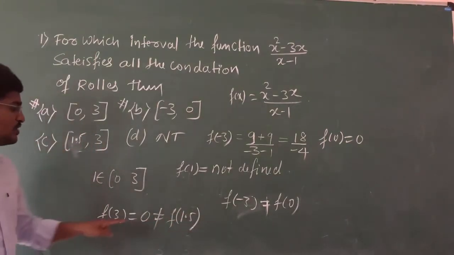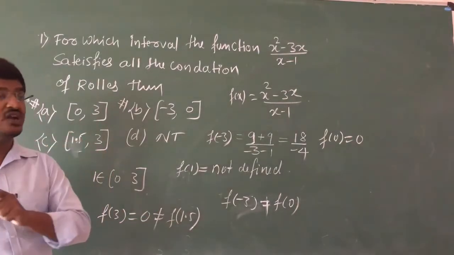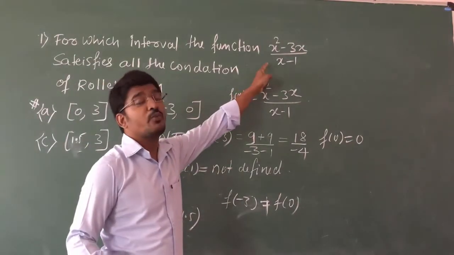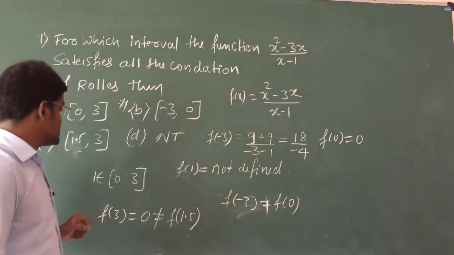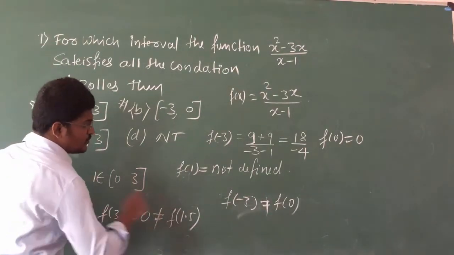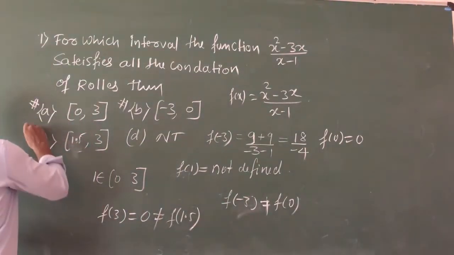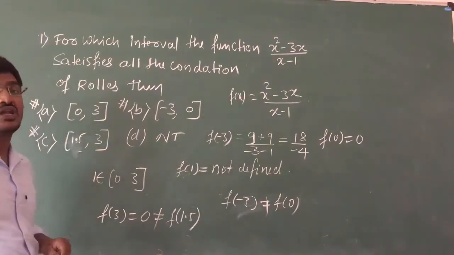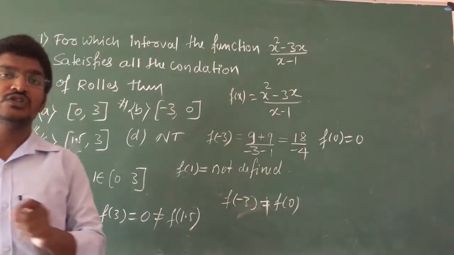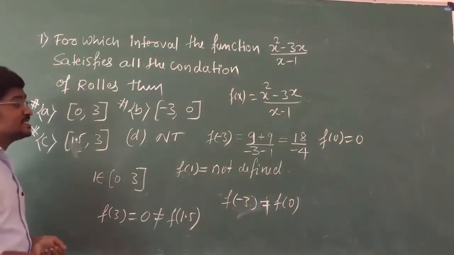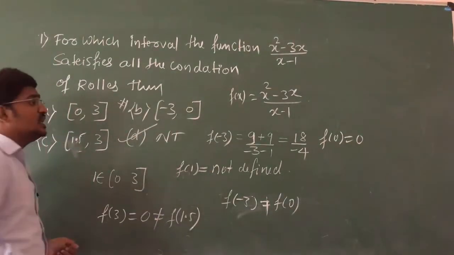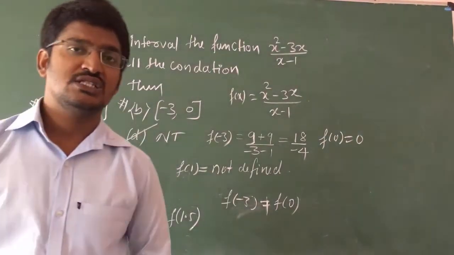For this, f of 1.5 will not be equal to 0 if you put 1.5 in this x. Hence, f of 3 is not equal to f of 1.5. This is also not an interval where Rolle's theorem is verified. Hence, none of these is your answer.